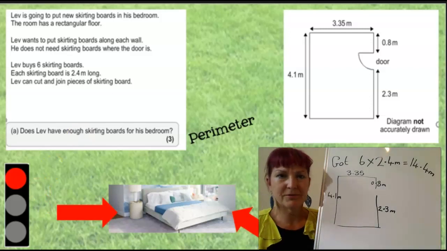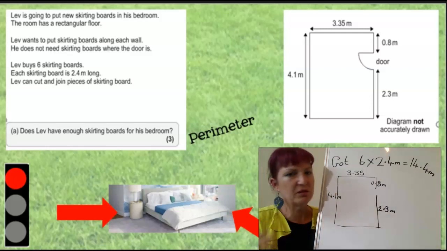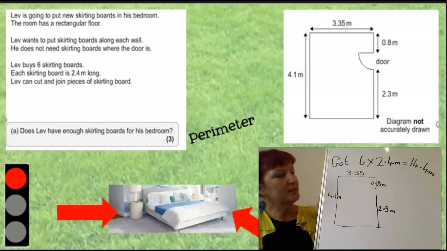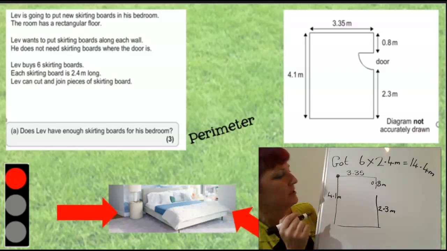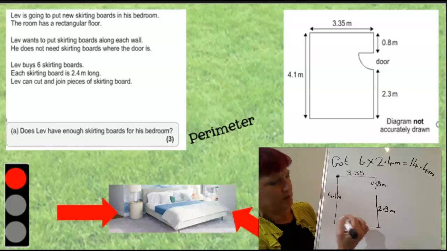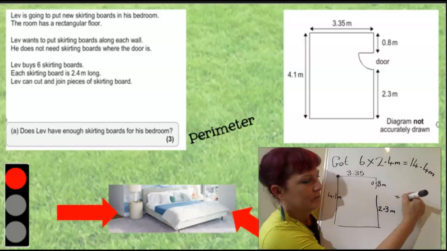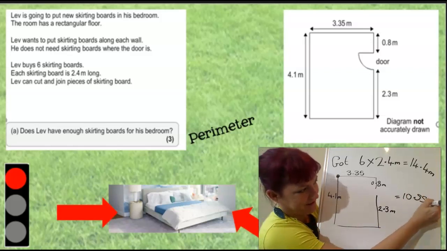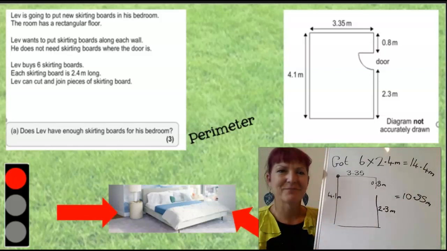So I've done myself a little diagram here. You don't need to do that because you can write on your one. Again, I'm going to work logically. I'm going to start up there. If you added these together, what would you get? Would that be right?